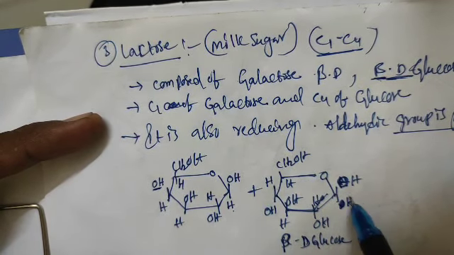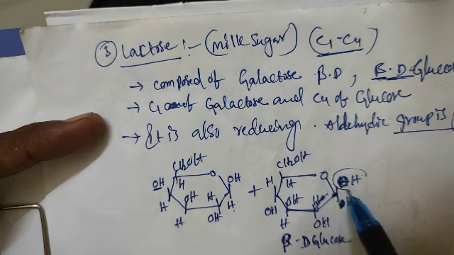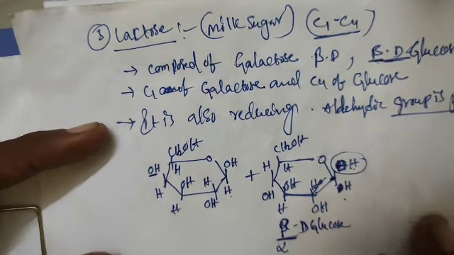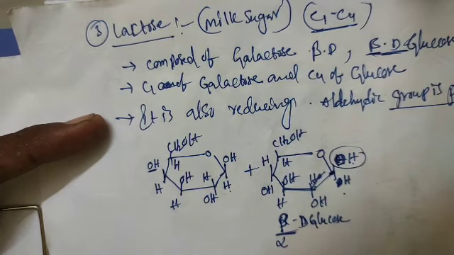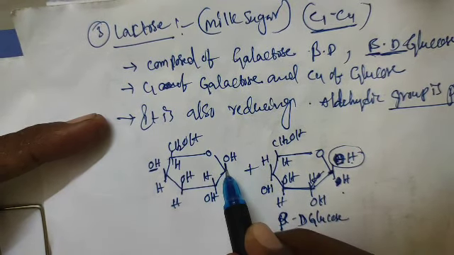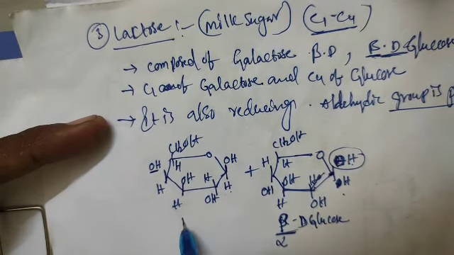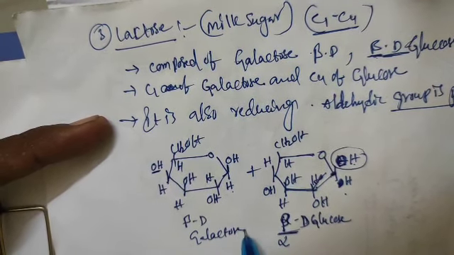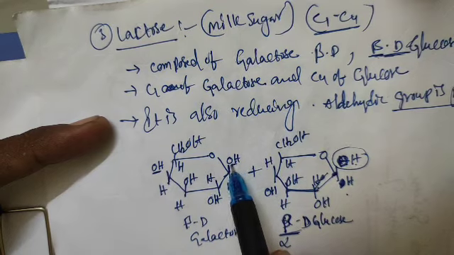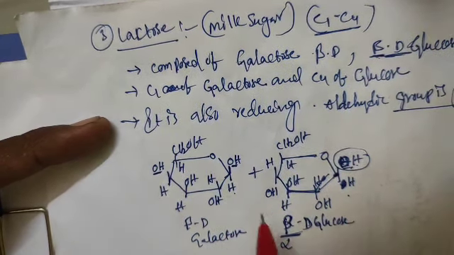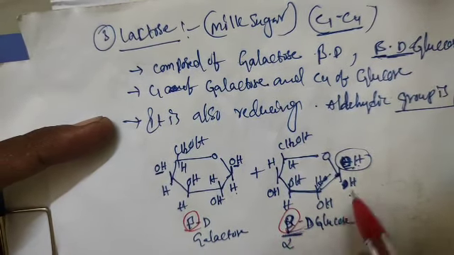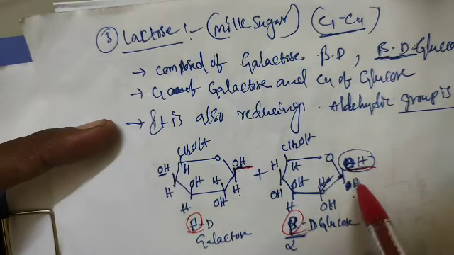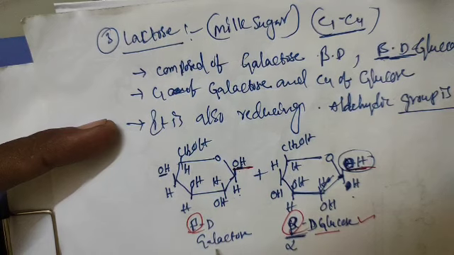In glucose, if the OH on this carbon is upside, that is beta. OH down means alpha. OH up, this is beta. Here also this is beta, no? Beta D galactose. Beta means this OH is upside, so both are beta. Here OH is upside, here also upside. Beta D glucose, and this is galactose.